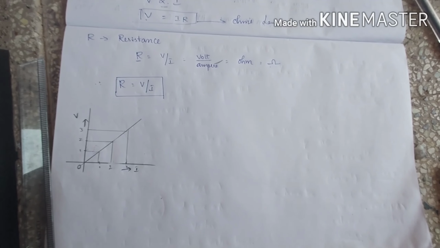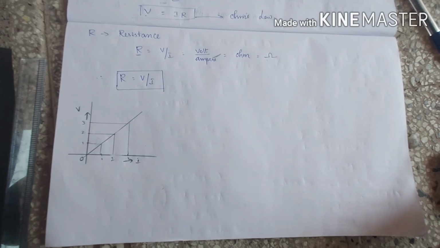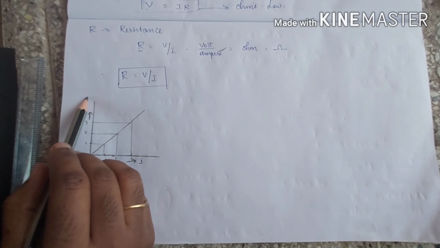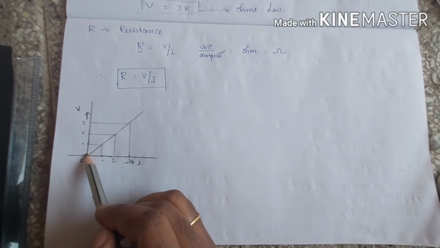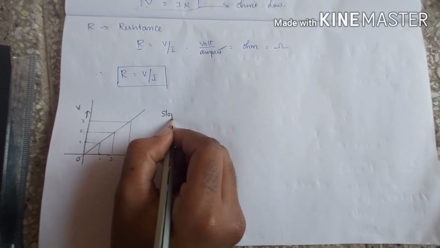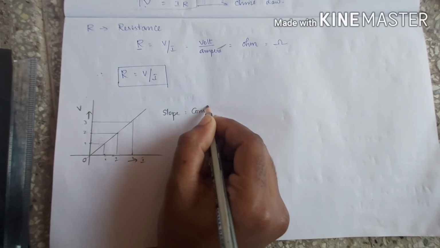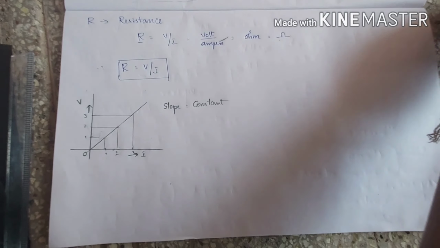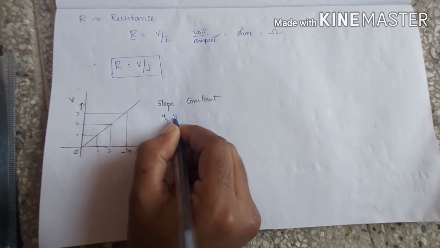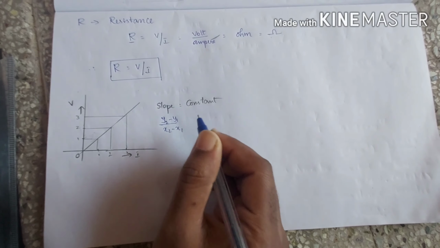If you show the experimental results in a graph by taking current on the x-axis and voltage on the y-axis, you will get a straight line. The straight line shows the slope is constant. You know how to calculate the slope, right? Slope is y2 minus y1 by x2 minus x1.